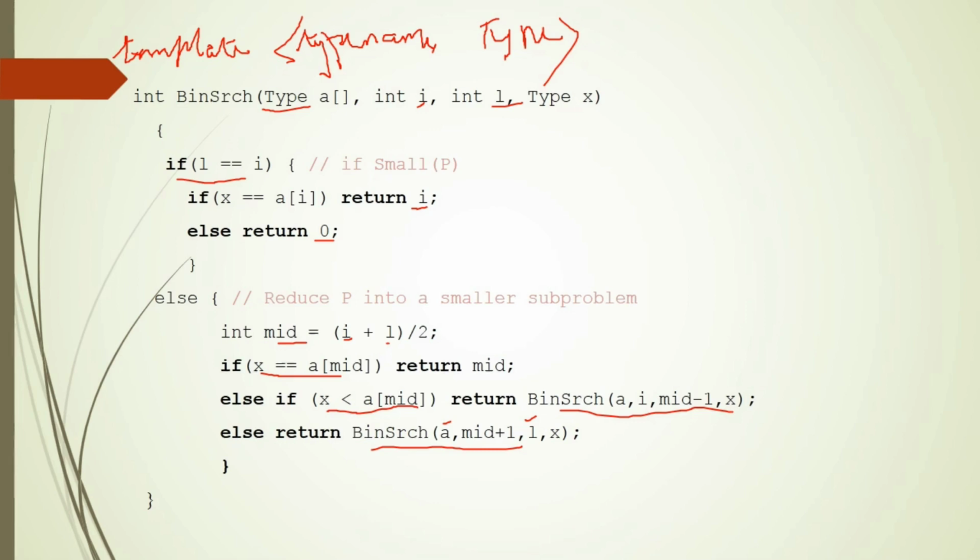In the case when x is larger than the element at mid position, we search on the same input array A, for elements starting from mid plus 1th position until the last element, that is L, for the same key element x.